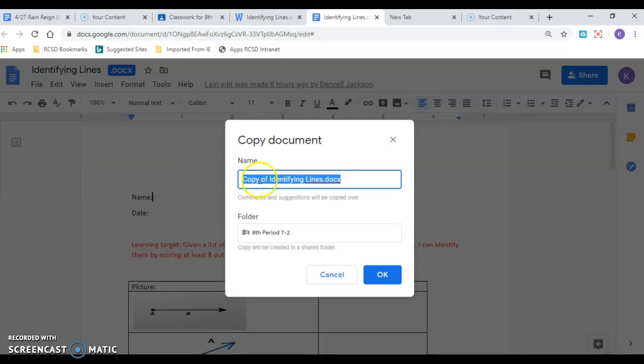And then it's going to go like this, and then maybe I want to say Miss Bailey, or I want to say Quentin S., or I want to put my name in there so that he knows it's coming from me. I'm going to write Miss Bailey. That's mine. And then I'm going to say okay. And then again, you want to make sure you share this with Mr. Jackson once it loads.